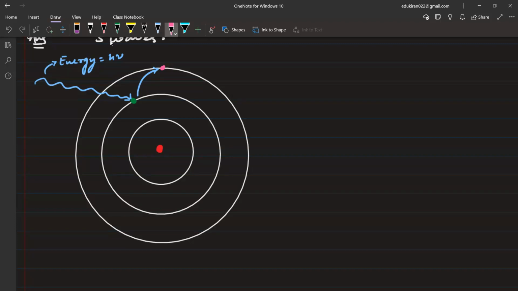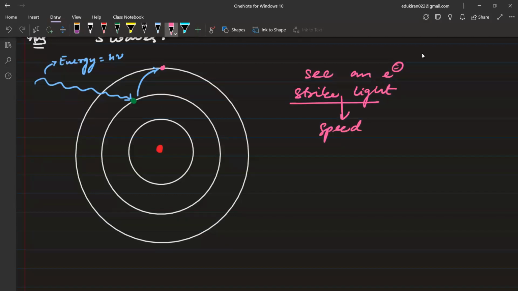If you are giving some kind of energy to an electron, just understand that light is actually like pushing the electron. So if you are trying to see an electron, you have to strike light, and as soon as you strike light, its speed increases.